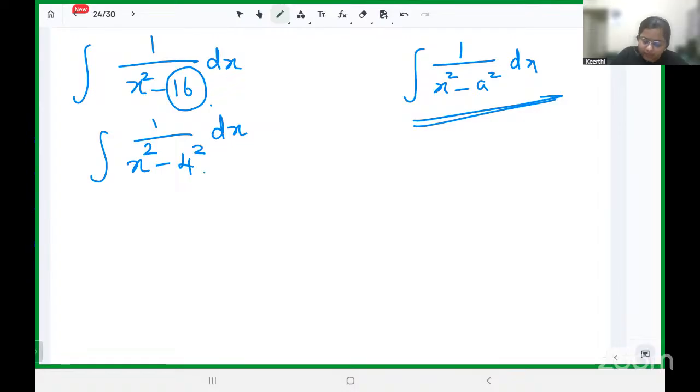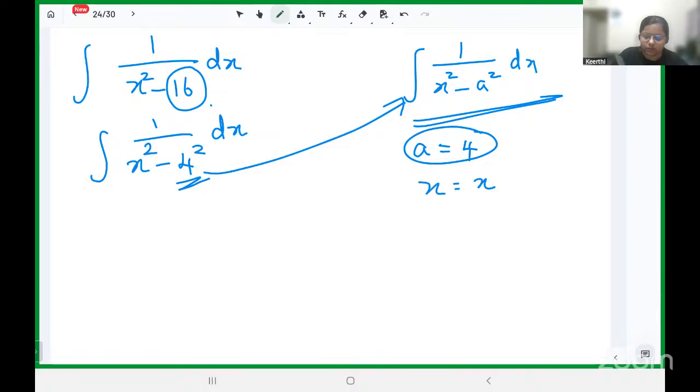Now, can you compare it with this one? Here in the place of a, it is 4. a is equal to 4. In the place of x, it is x itself. Now, this is of the form integral 1 by x square minus a square, which is nothing but 1 by 2a log mod x minus a by x plus a plus c.